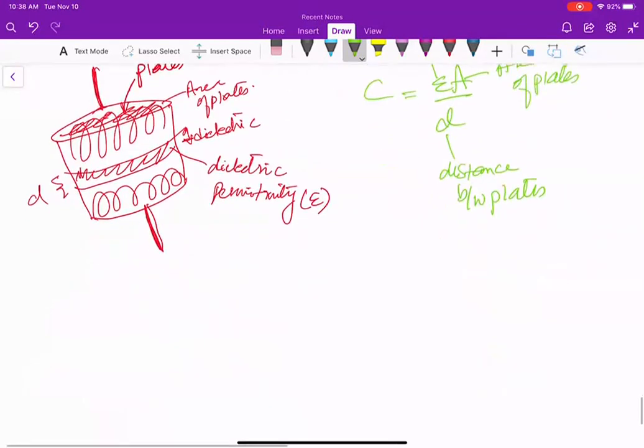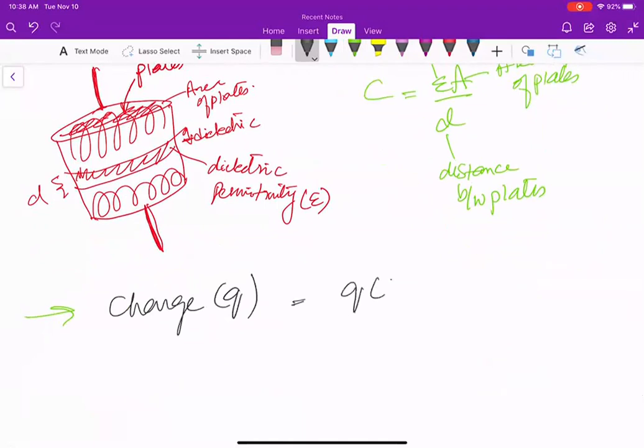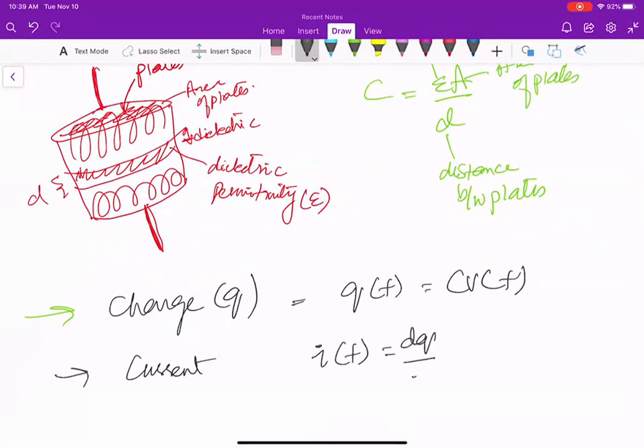Okay, so we said that charge Q is equal to C V of t if they are dependent on t. And we also know that we define current as I of t is equal to dq by dt, where current is the rate of change of charge.